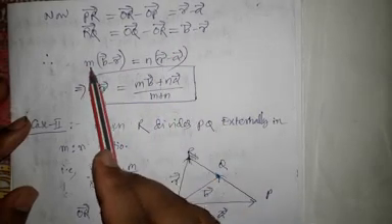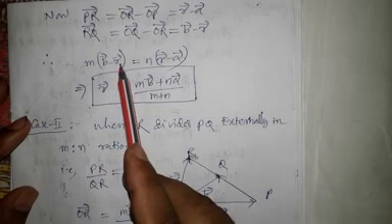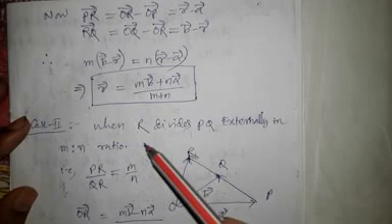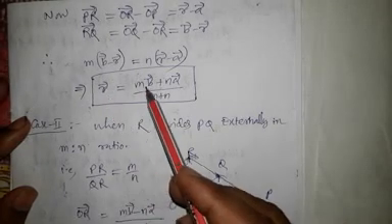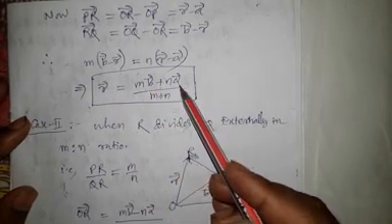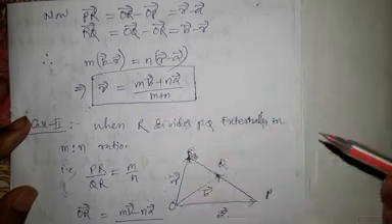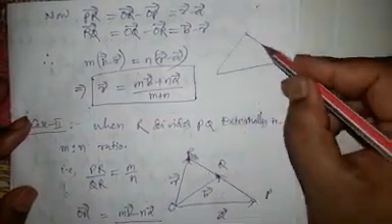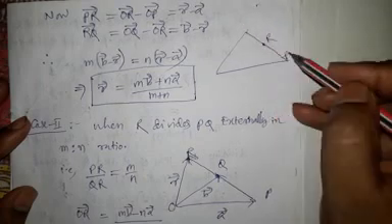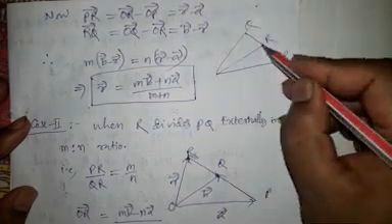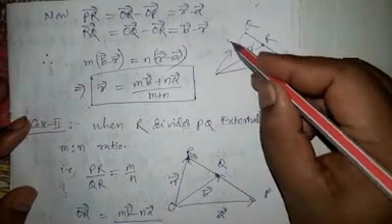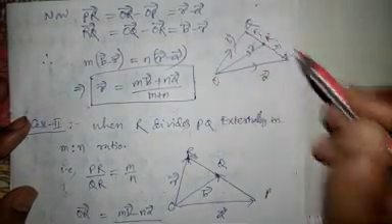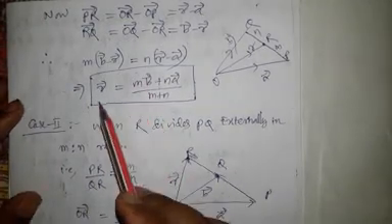That means M(B minus R) is equal to N(R minus A). So the R vector is equal to (MB plus NA) by (M plus N). This is P, this is Q, this is the R vector, this is the A vector, this is M is to N. So this is internal division.